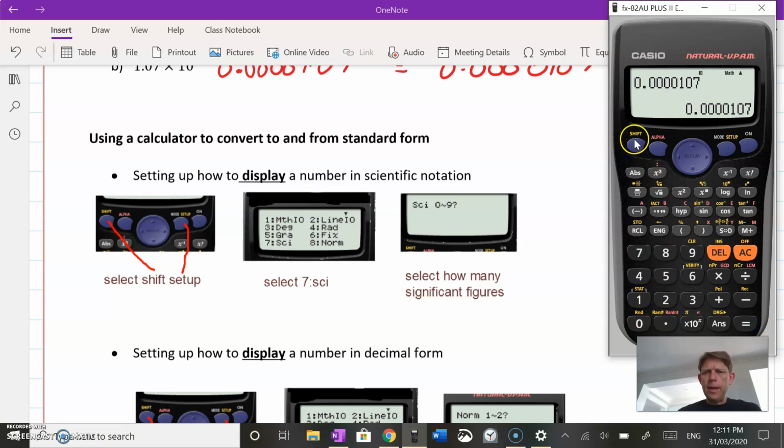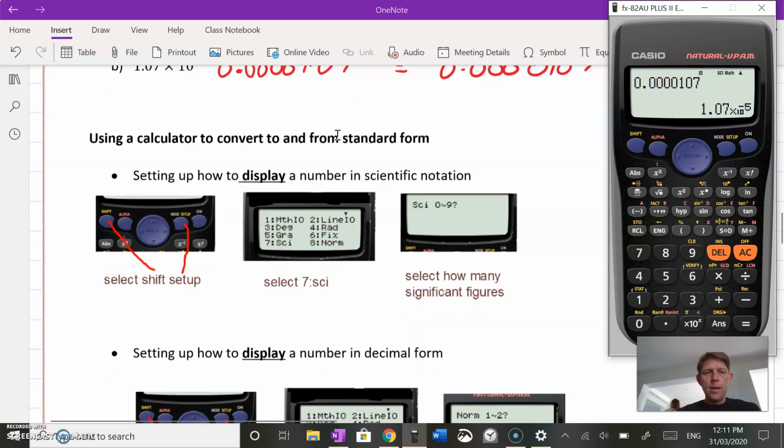If we want to get the calculator to do the heavy lifting here and change that into scientific notation, we can go Shift, Setup, and here under 7 is SCI, which stands for scientific notation. So we press on that and then we say how many significant figures we want. In this particular one, I'm going to get 3 significant figures, just because I know that will work out nicely for us. And you can see that's 1.07 times 10 to the negative 5, which is just what we've got here.